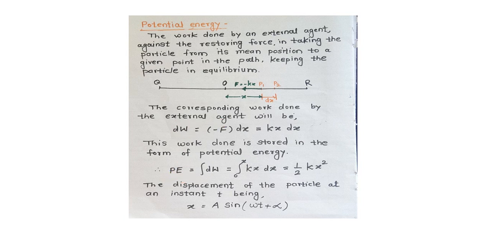We will get here potential energy equals to integration of dw, and here dw from 0 to x, integration of 0 to x dw equals to kx dx, integration of 0 to x of kx dx equals to, integrating this equation we will get here 1 by 2 kx square, and the displacement of the particle at that instant t being x equals to a sin omega t plus alpha.